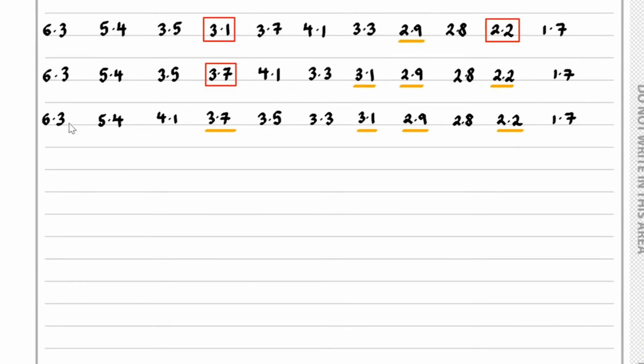So now we have this sublist and this sublist. Well, the middle entry will be the 5.4, and the middle entry to the right will be the 3.3.